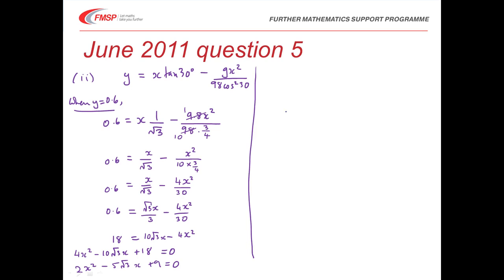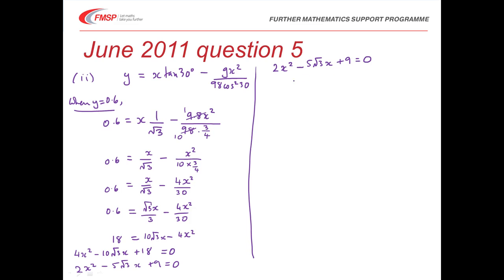I've got to solve that. Okay, I'm going to write it up here to remind myself what I'm solving. So a is 2, b is minus 5 root 3, and c is 9.